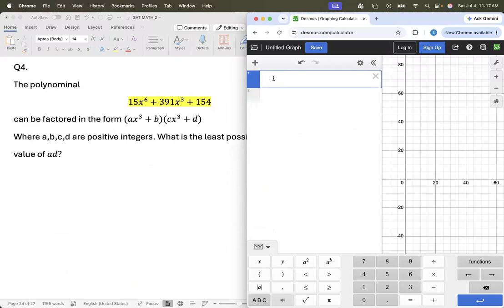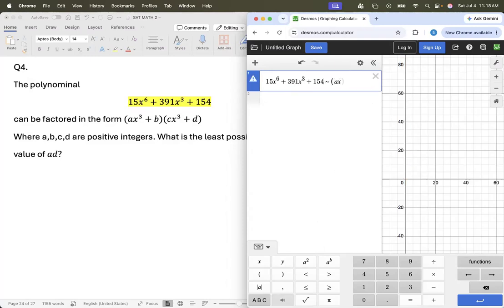Now that we know, we just input this equation and you regress it right away. We have s raised to 6, 391 s to the third, and then 154. I'm going to regress this to the equation they've given us.